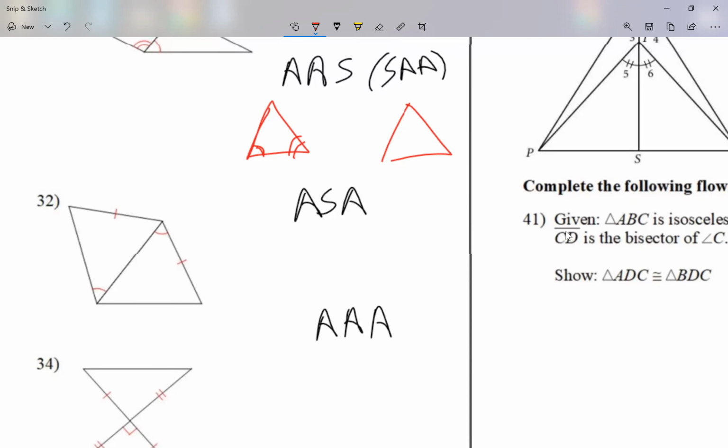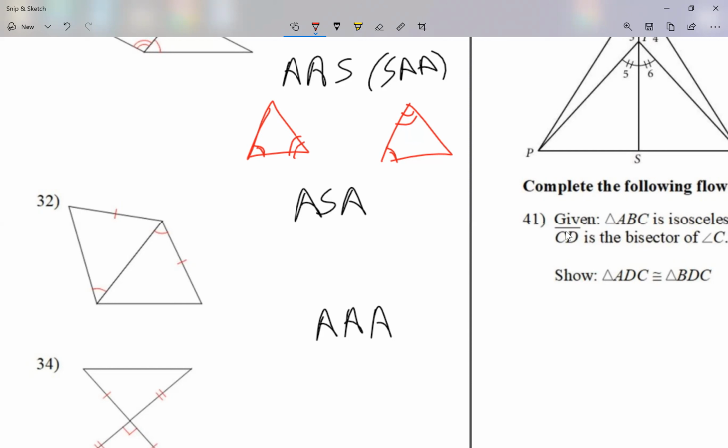Notice I use different markings: one has 1 arc, the other has 2 arcs. Now my other triangle, let me also mark 2 angles. They don't have to be the same 2 angles at the bottom. I could say this angle and this angle. All I need to begin with is 2 angles.